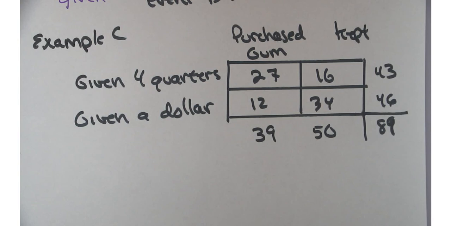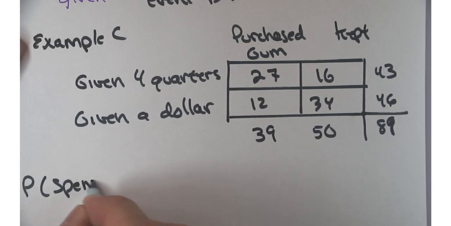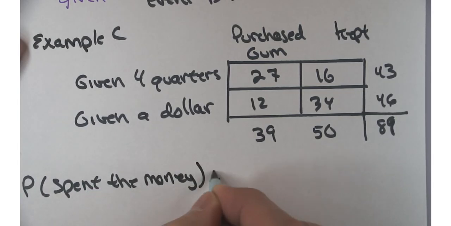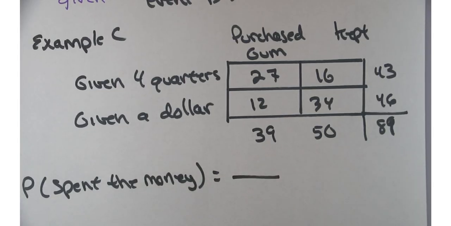We're going to start out with a simple calculation, and that is the probability that somebody spent the money. On average, what's the probability amongst all the people in here that they spent the money? So this is A, the probability that they spent the money. Keep in mind that probabilities are between 0 and 1, so don't give me just 89 or 39 or something like that.